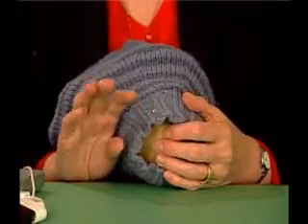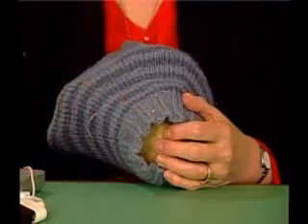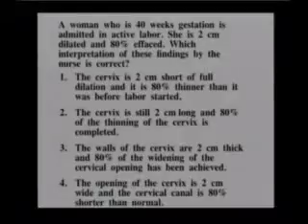Now let's take a look at a question that deals with this concept. A woman who is 40 weeks gestation is admitted in active labor. She is 2 centimeters dilated and 80% effaced. Which interpretation of these findings by the nurse is correct? One, the cervix is 2 centimeters short of full dilation and it is 80% thinner than it was before labor started.